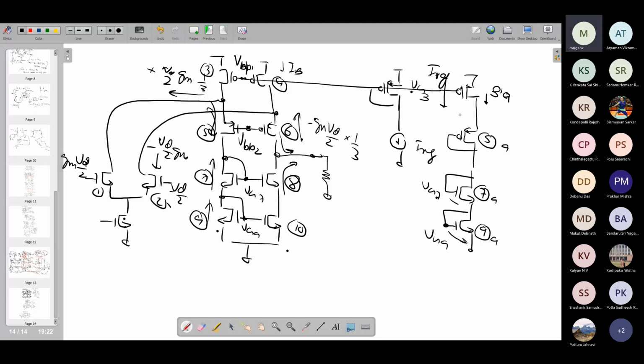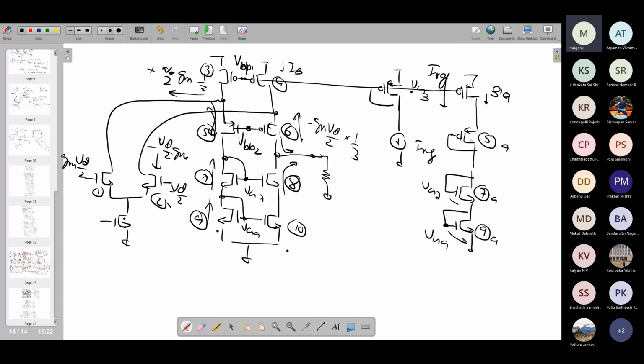Now if you look at the gate voltage of M5, you are getting the gate voltage of M5 becoming the same as VG7.